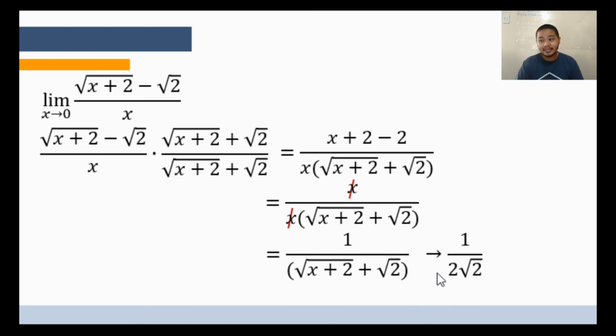I'm going to multiply the numerator and the denominator by square root of 2. And we will get square root of 2 over 4. So in that case, the limit of the square root of x plus 2 minus the square root of 2 all over x as x approaches to 0 is equal to the square root of 2 over 4.